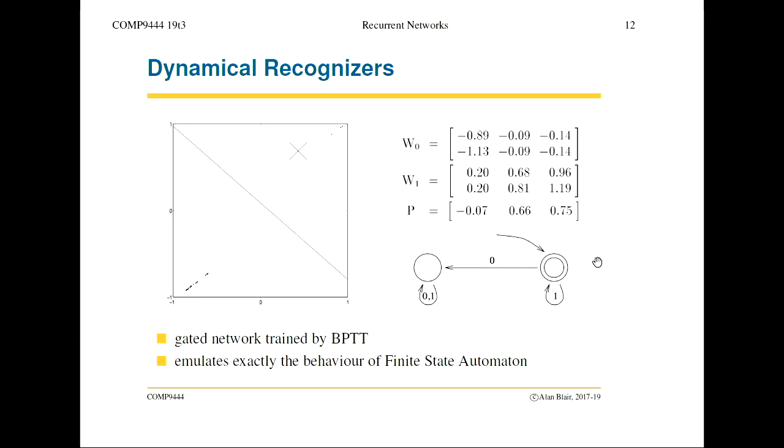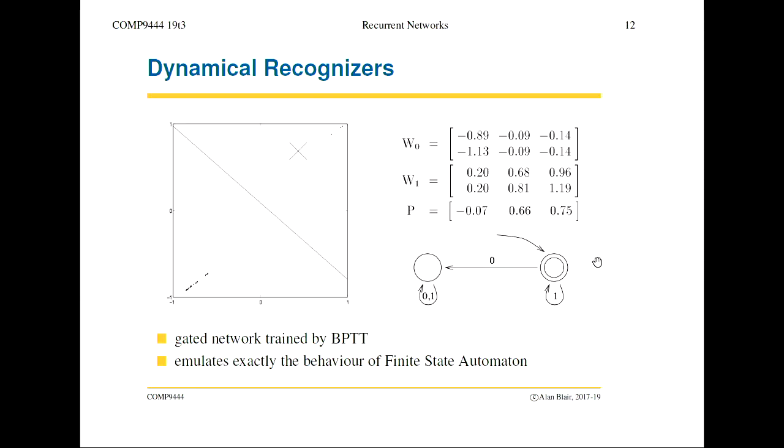This is a plot of the activations that we get when we feed in certain strings after the network has been trained. The network starts in this state, and if we keep feeding in ones, these little dots are the states it goes into.